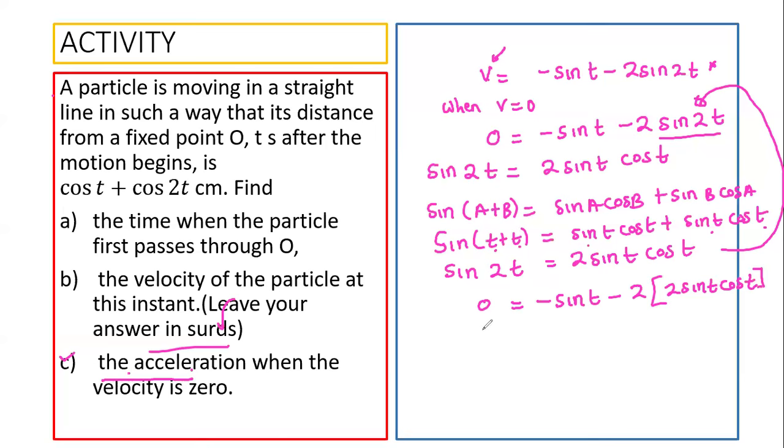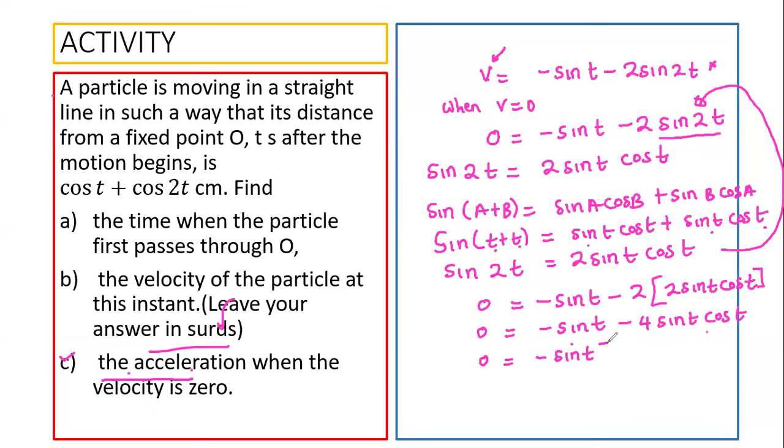Yes. Thank you, sir. Okay, don't go off now. Stay on. Continue for us from here. So we get negative sine t minus 4 sine t cos t. Okay, good. Tell me what is common here and here and factorize it for us. So we remove negative sine t.